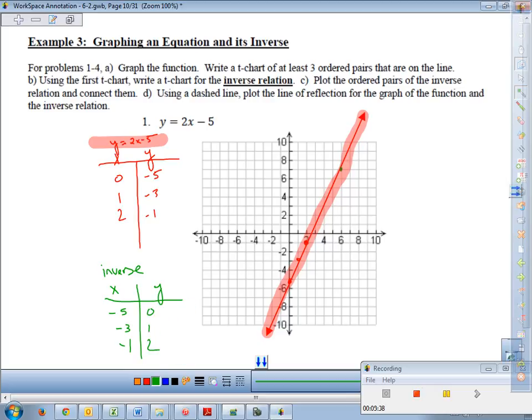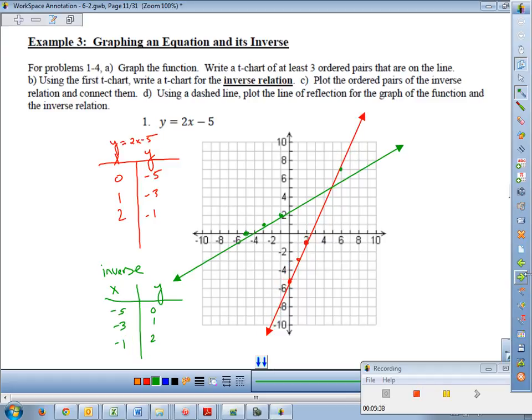Plot those 3 points. Then graph that line. Depends on how well you connect the dots together, because we only use 3 points.